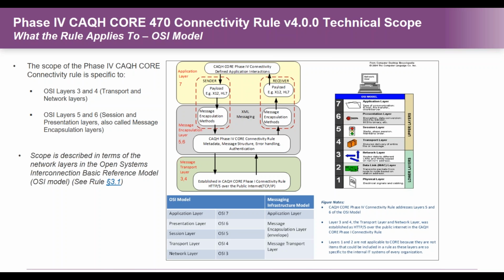So the diagram on the left shows a typical flow of a payload. At the top left of the diagram is a sender composing a payload such as an X12 administrative payload, and then sending it through the message encapsulation layer, layers 5 and 6, and then message transport layer, layers 3 and 4, and then across the network it goes to the recipient, which provides the reverse of that processing by removing the encapsulation of the message envelope and then sending the payload onto the receiving application for processing.